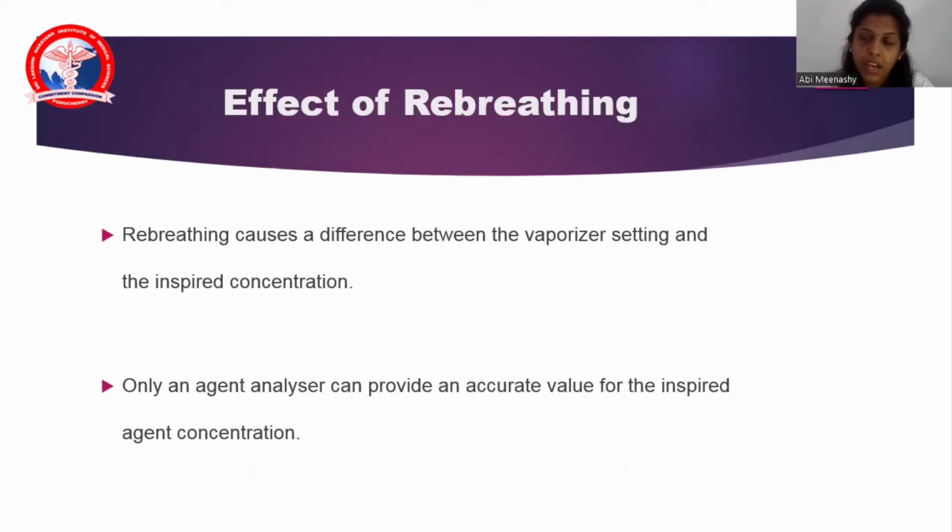Patient will expire carbon dioxide, little O2, and your agent and the nitrous also. Rebreathing will cause a difference between the vaporizer setting and the inspired concentration. To monitor this, we need to use an agent analyzer. Agent analyzer will tell you how much oxygen, how much nitrous, and how much of your inhalational agent is present in the percentile of the expired and inspired gas.